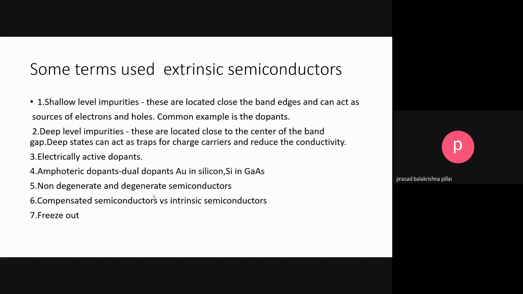If that energy is not there, can you tell me a situation where that energy is not available? We have seen that a certain amount of energy is required to release an electron from the donors or a hole from the acceptors. So suppose that energy is not available. Can you tell me such a situation?